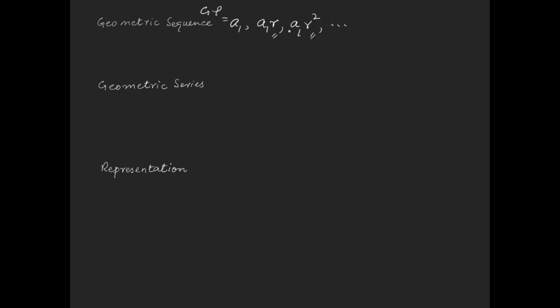If we stop this geometric progression at four terms, where the fourth term is ar cube, then this will be a geometric progression or geometric sequence of four terms. These are finite sequences, because the last term is known.